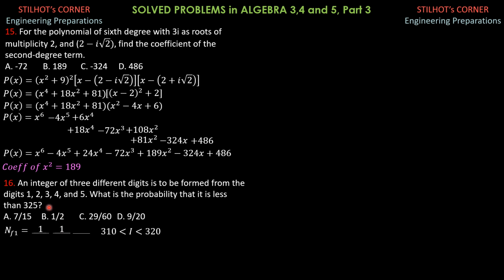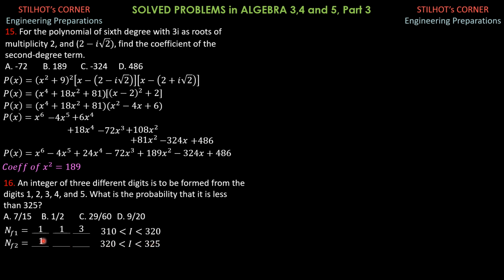Then 2 digits are already positioned, 3 digits left. So there's 3 ways to assign a digit here. So 1 times 1 times 3 is 3. Next is between 320 and 325. So there's one way to assign a digit here because it is 320 plus.